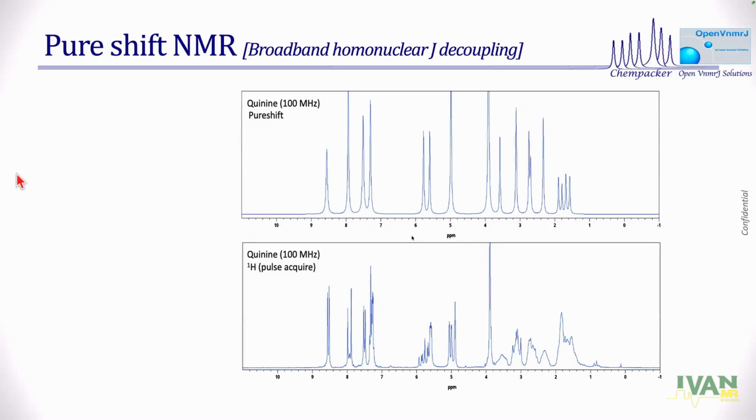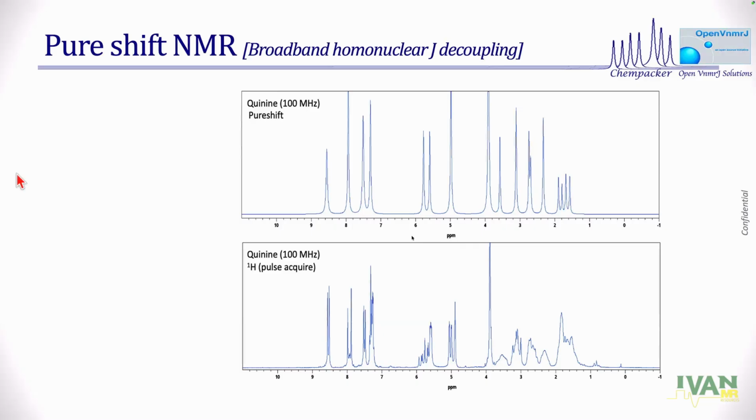Most of the time, the field itself is small, so almost all couplings are significantly strong and second order. And so deriving coupling constants from that requires a significant amount of effort. So why not get rid of them?